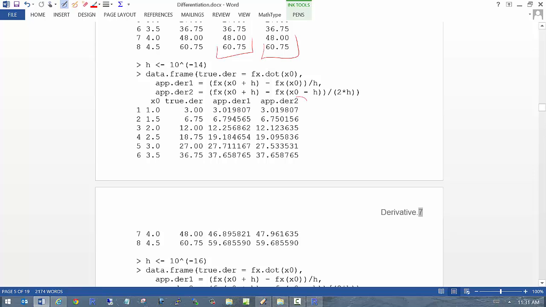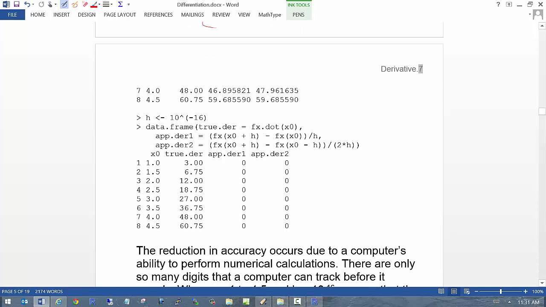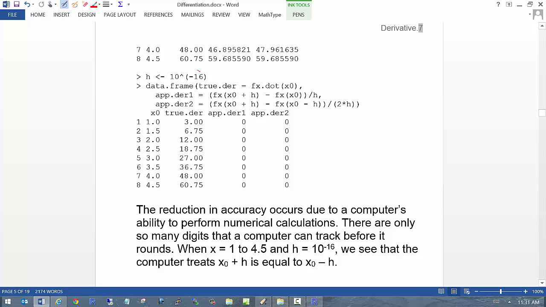Now notice that both ways to calculate the derivative are showing some inaccuracies. They're not exactly equal to that true derivative. And what happens when we get to h equal to 10 to the negative 16th power? Big errors. It's saying that all these derivatives are equal to 0.